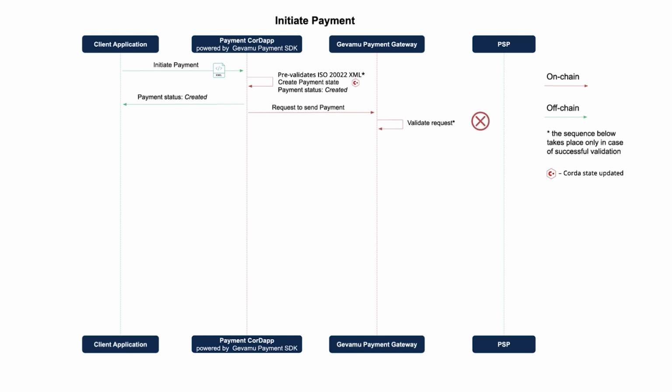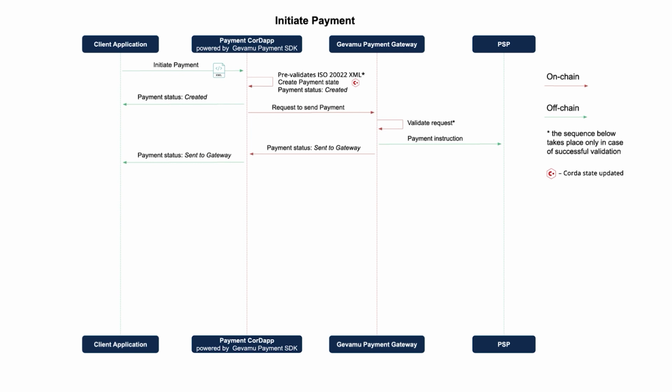If not valid, the process is terminated and a corresponding status is sent back to the participant's Corda app. If valid, its status is updated to reflect that the payment instruction is accepted by the payment gateway for further delivery. The payment instruction itself is sent to the external gateway of the PSP.